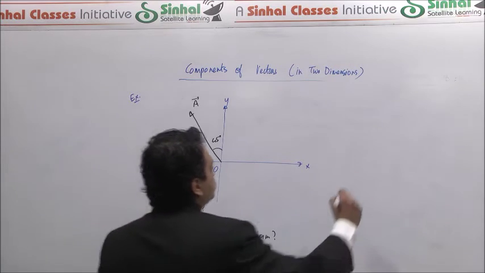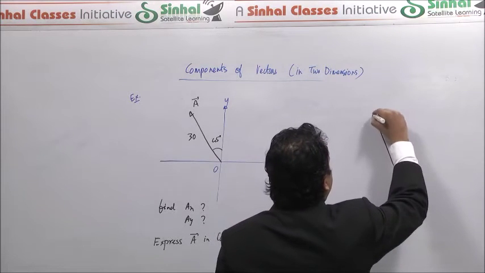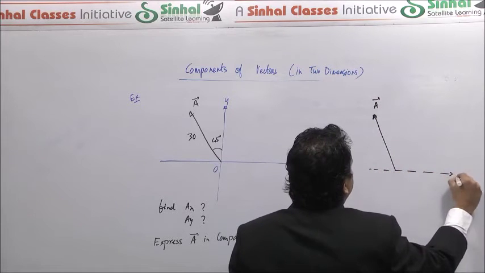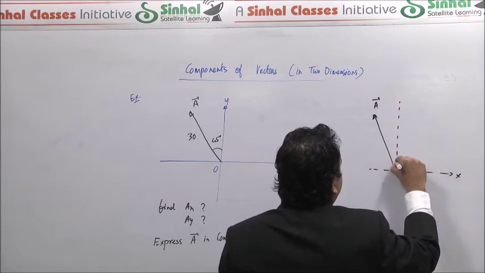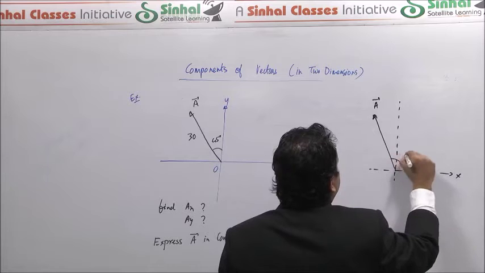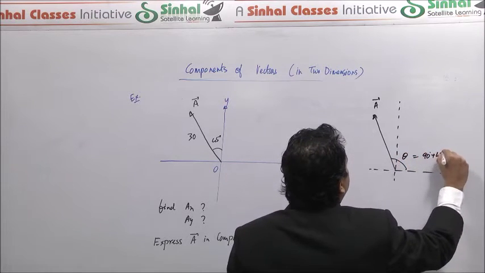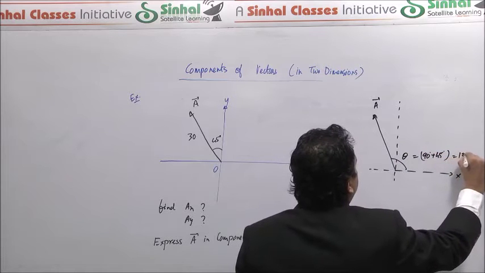As you can see, as far as the angle that vector A is making with the x-axis is concerned, this angle theta is now 90 plus 45, or it is 135.